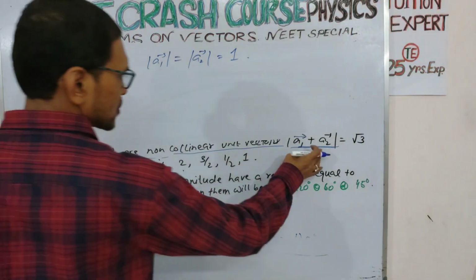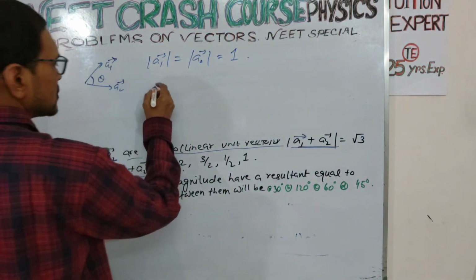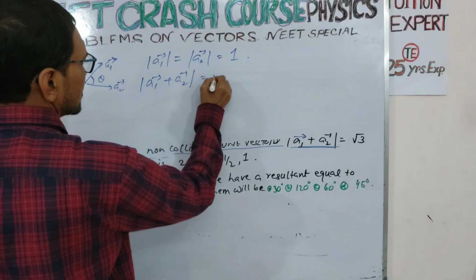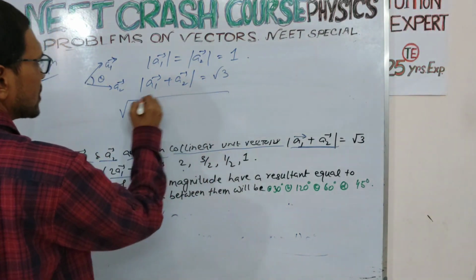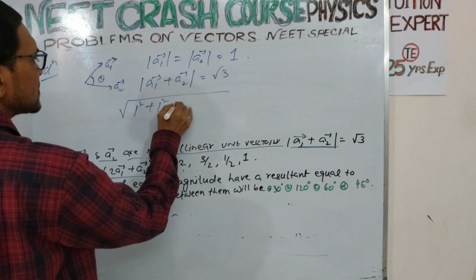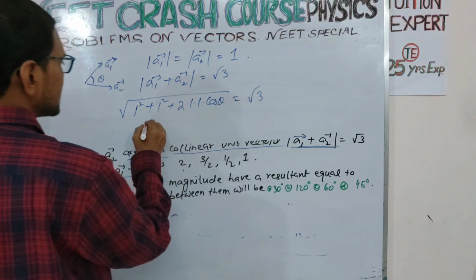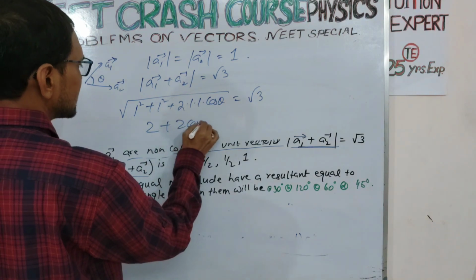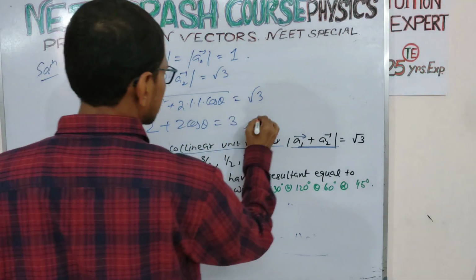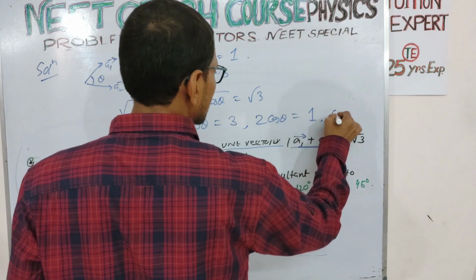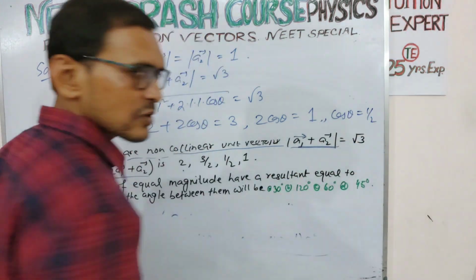Now from this we get theta: 1 square plus 1 square plus 2 into 1 cos theta equals root 3, that is 2 plus 2 cos theta equals 3, so 2 cos theta equals 3 minus 2, 1, and cos theta equals half.